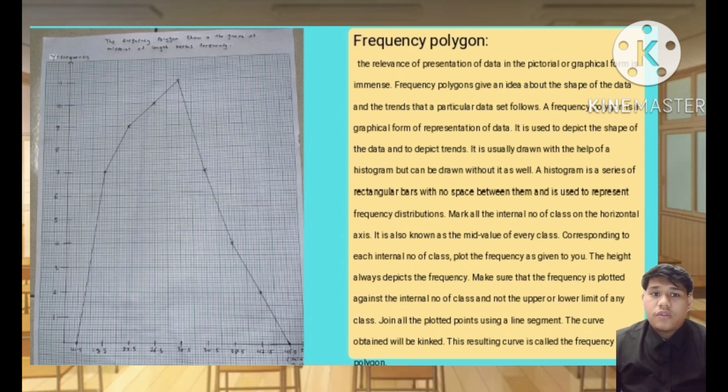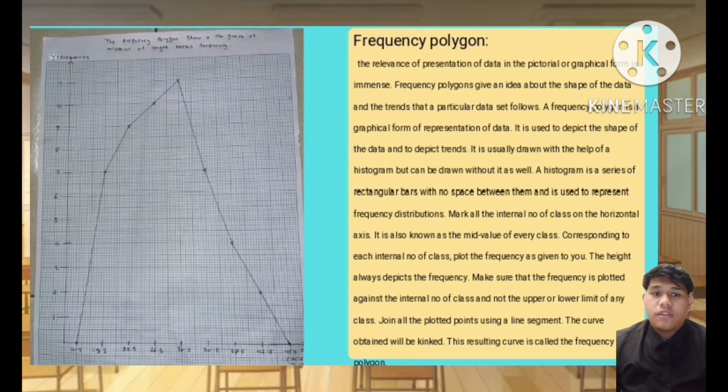Corresponding to each midpoint, plot the frequency as given to you. The height always depicts the frequency. Make sure that the frequency is plotted against the midpoint of the class and not the upper or lower limit of any class.